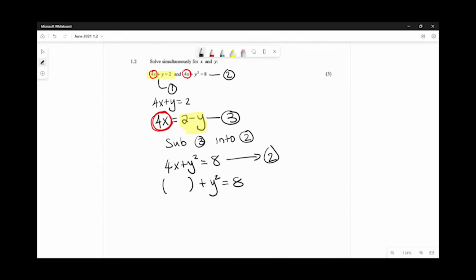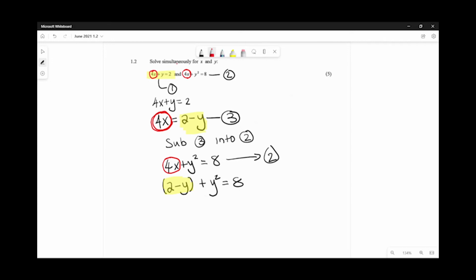Because we're taking equation 3 and putting it in equation 2, that's going to be 2 minus y here. I'm also going to highlight it yellow so you understand. I'm going to highlight all the 4x's as red, so that you see that we're not changing the values. We're just writing them in a different way so we can solve them.